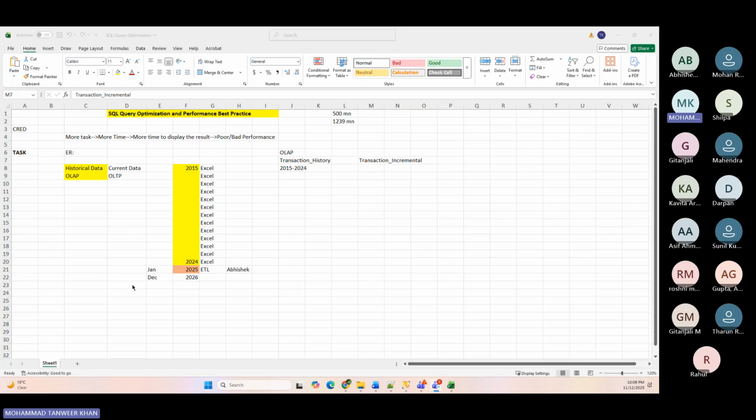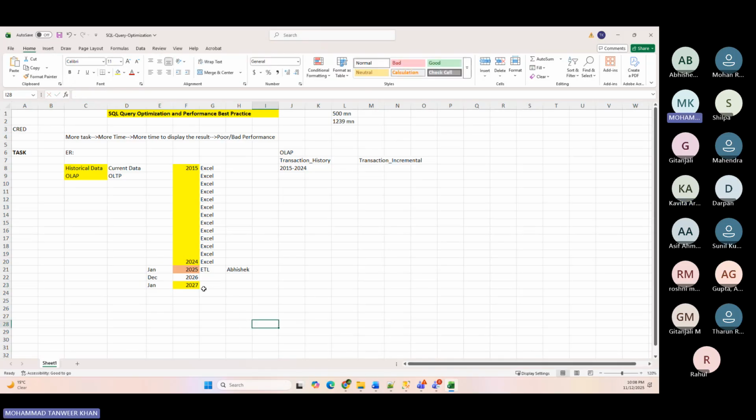You're talking about the data of January 2025 till December 2026, is this your question? Yes, like when we are in 2028, then we will append 2025 or 2026 data into the transaction history.